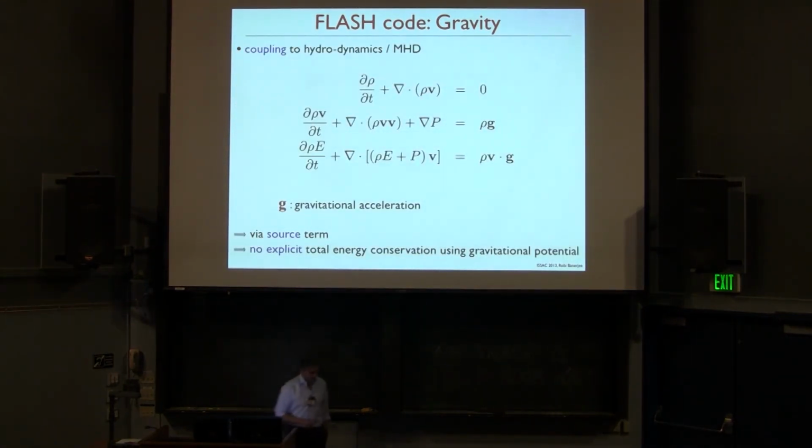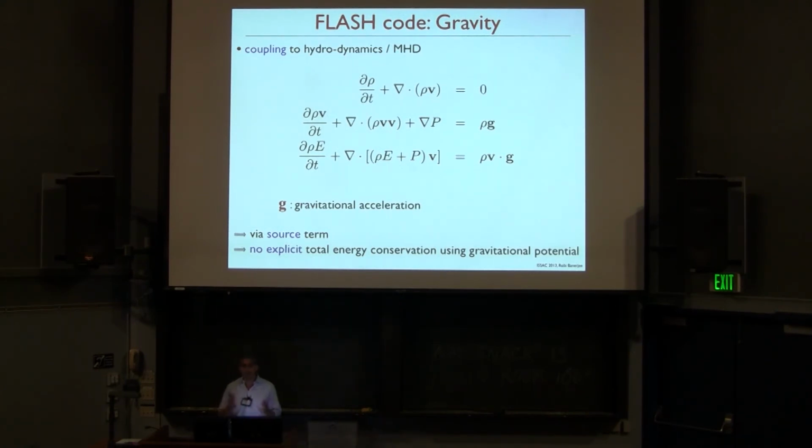So how is it done in the FLASH code? The gravity is linked to the hydrodynamics essentially via a source term here, via the gravitational acceleration, and the same is true for the energy equation. So in this sense, it is an additional source term.